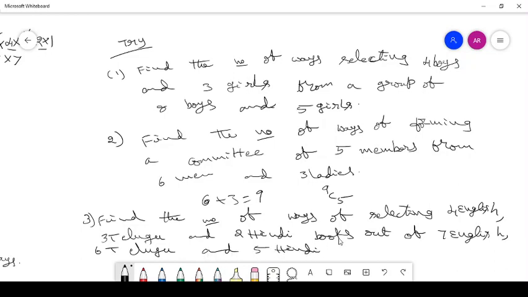Same process. Here 4 English books out of 7 English books, that is 7C4, into 3 Telugu books out of 6 Telugu books, 6C3, into 2 Hindi books out of 5 Hindi books, so 5C2. You have to find 7C4, 6C3, 5C2 and their product, that is the result. Okay, next.